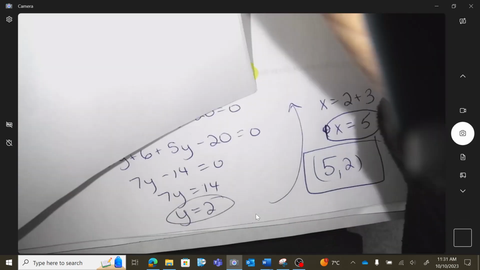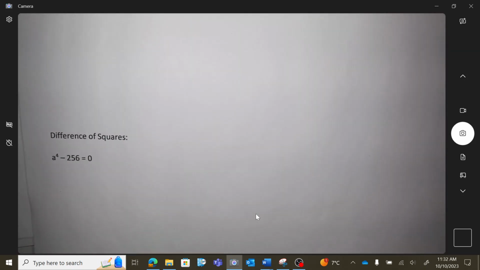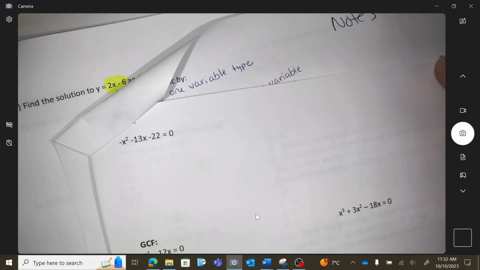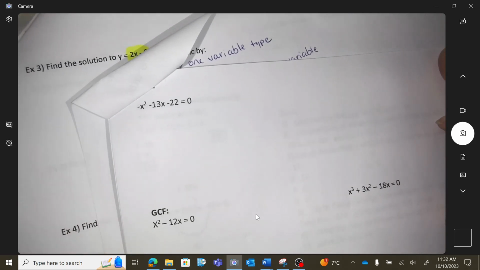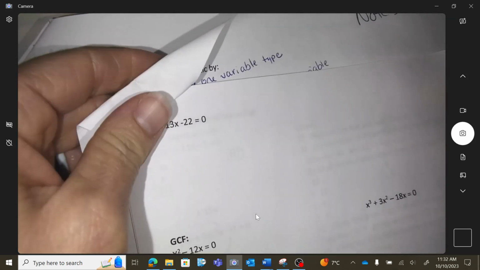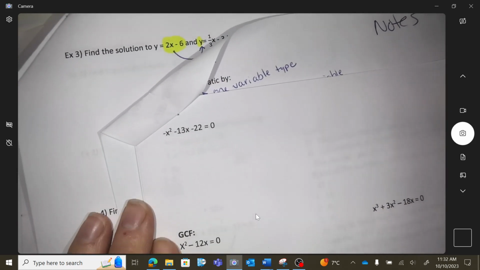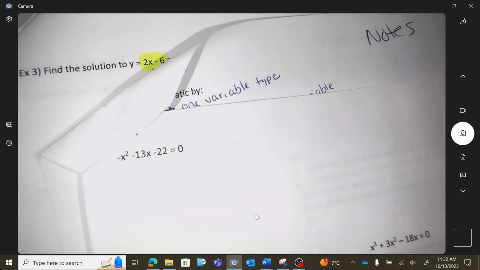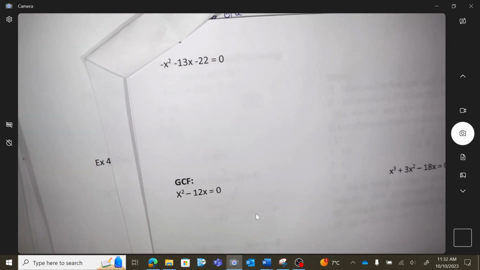Okay, one more of those. So this one, I'm not even going to start factoring it. I don't like this. When I factor, I never, ever, ever start with a negative leading term. It just doesn't make it very good to start factoring.